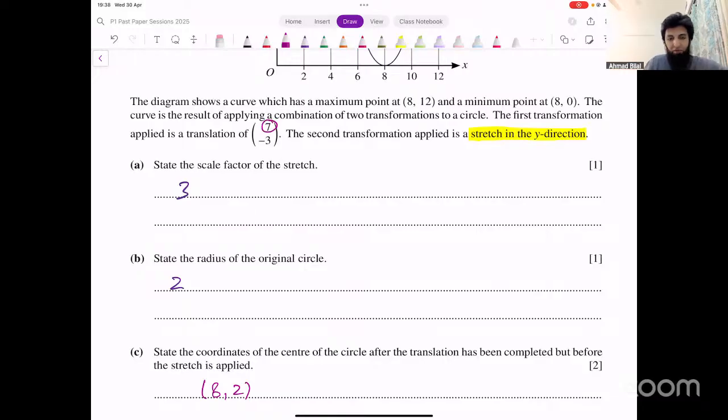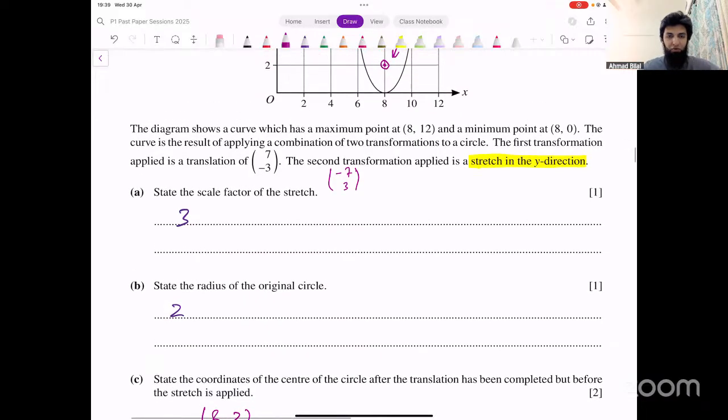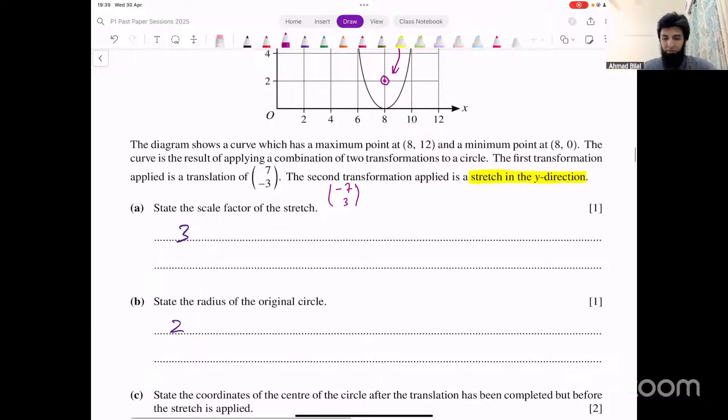If you want to reverse that, you would go 7 units left. So that will become minus 7. This translation, minus 3, is 3 units down. If you want to reverse this, you would go 3 units up. So that will be plus 3. This would be the translation that you would have to do to go back to the original point.